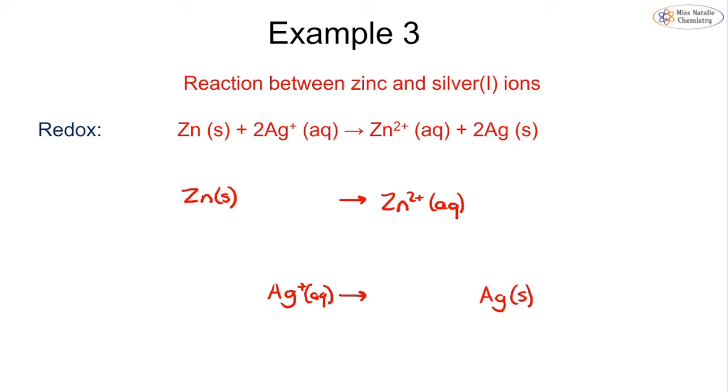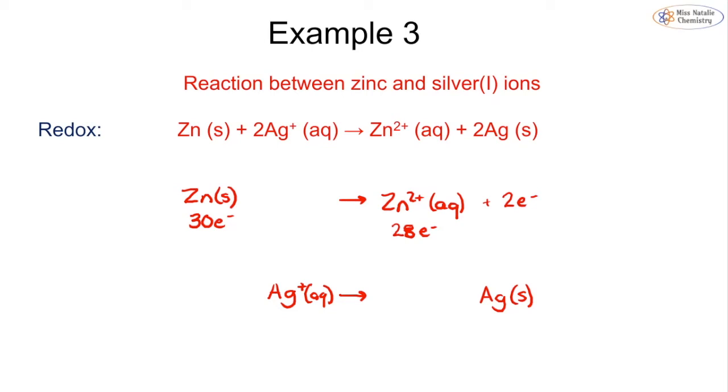So zinc has the atomic number of 30, which means as an atom it has 30 electrons. When this becomes an ion, it becomes zinc 2+. That means I have 28 electrons. So to balance this out, I need to add 2 electrons to the right-hand side of the equation.